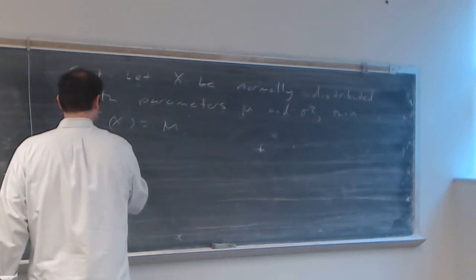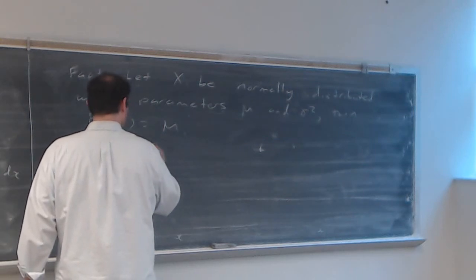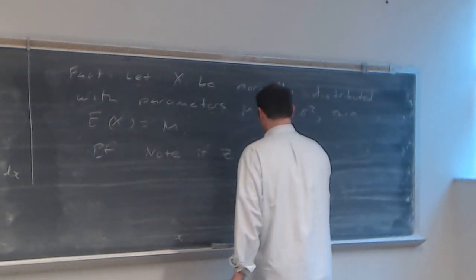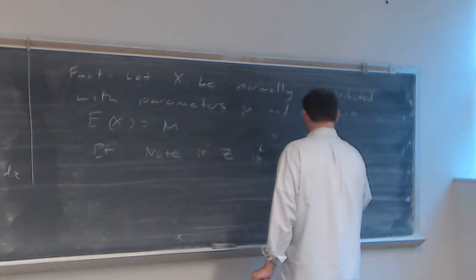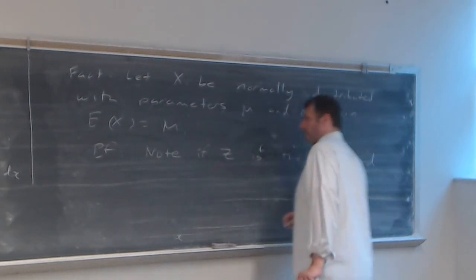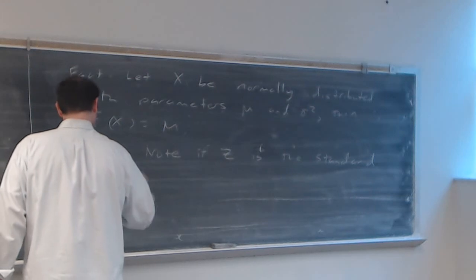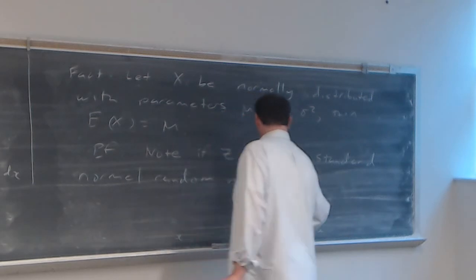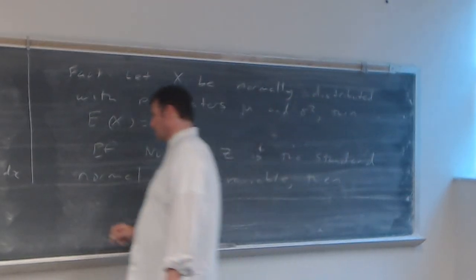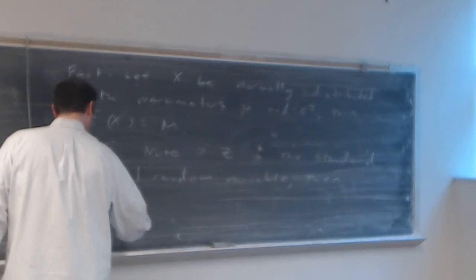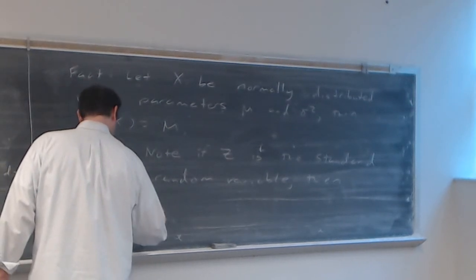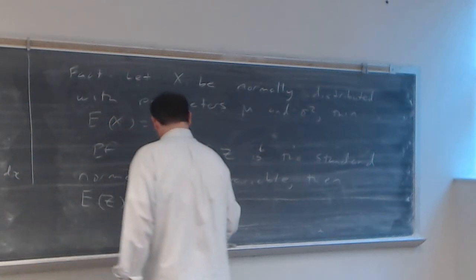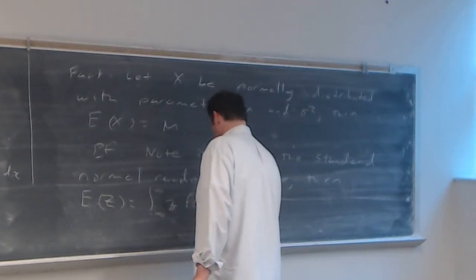So here's the proof. Well, first of all, note if Z is the standard normal random variable, then the expected value of Z is equal to the integral from minus infinity to infinity of little z times its PDF, which I call f of z, dz.